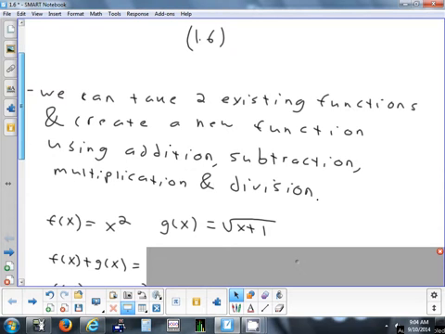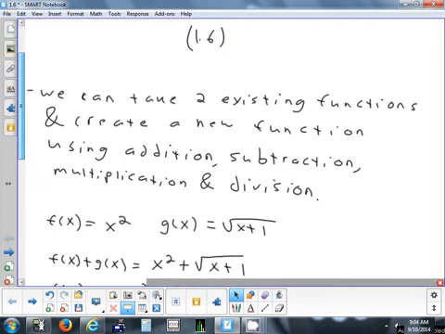Like if you had x squared plus x squared, you could say it's 2x squared. But is there any way I can combine x squared with the square root of x plus 1? No. They don't combine, so we just write it like that. So this is a new function, f of x plus g of x, created by adding the two original functions.